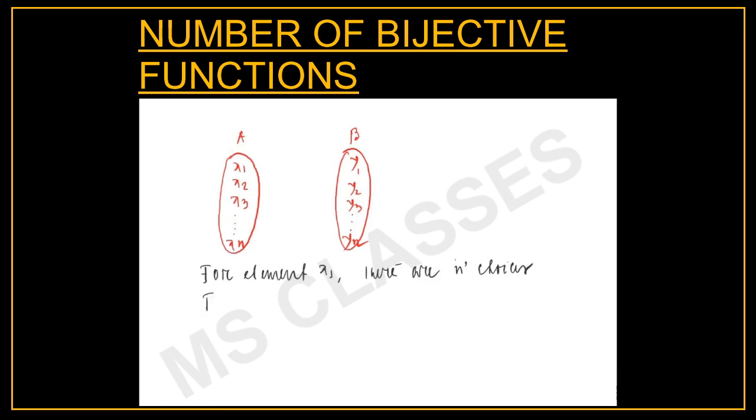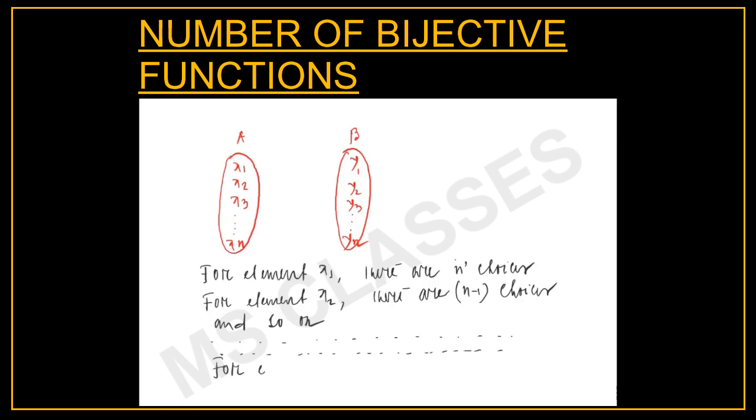For element x2, there are n minus 1 choices, and so on. So like this, if we continue, for xn, we have 1 choice.